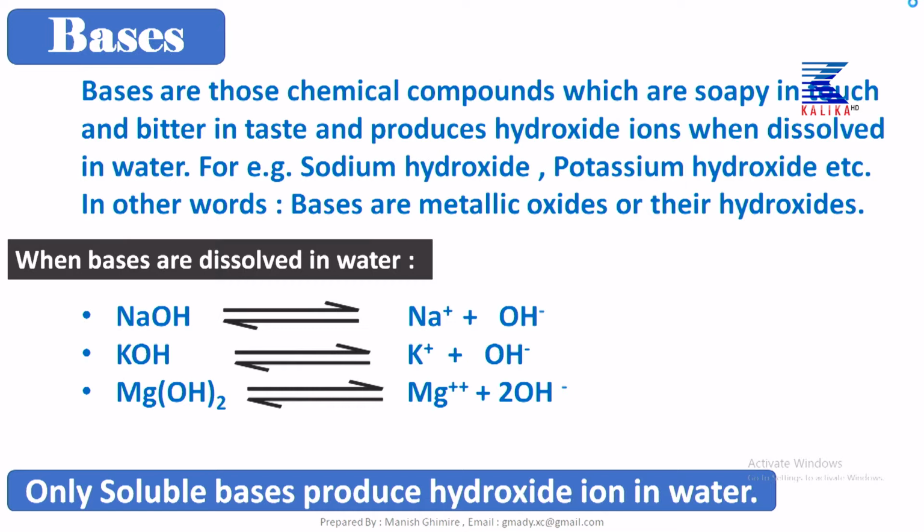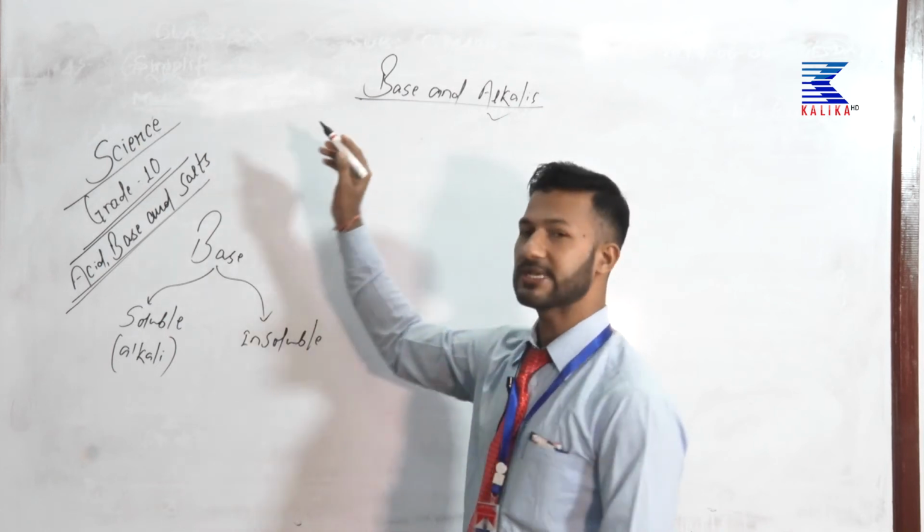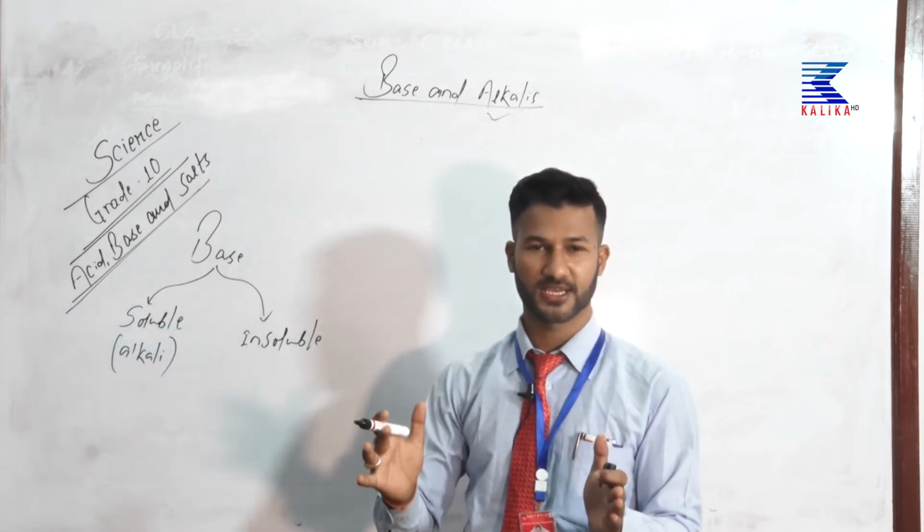For example, sodium hydroxide, potassium hydroxide, etc. In other words, bases are metallic oxides or their hydroxides. In the examples mentioned there, you can see when bases are dissolved in water, they all produce hydroxide ion for sure. It is like acid. You must remember, whenever acids are dissolved in water, they surely produce hydrogen ion.